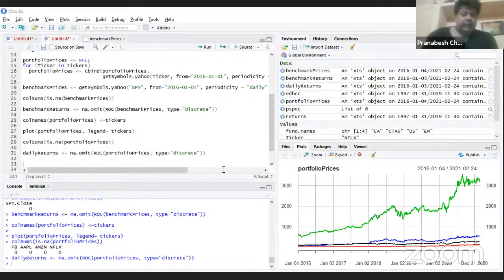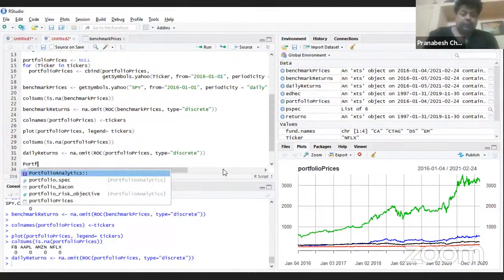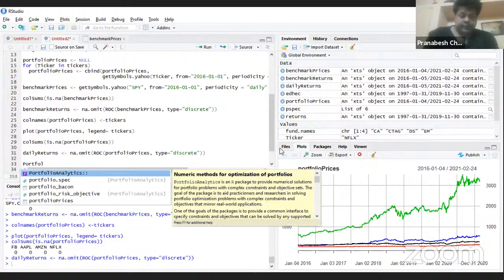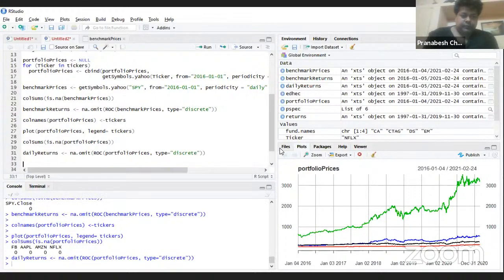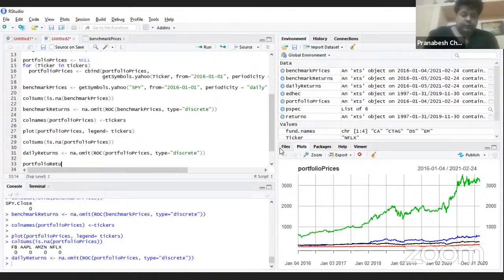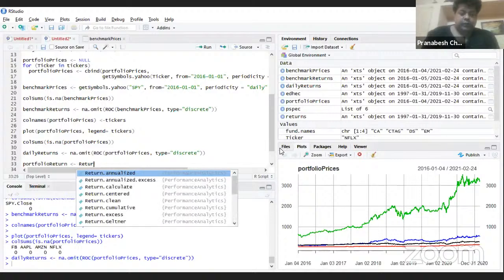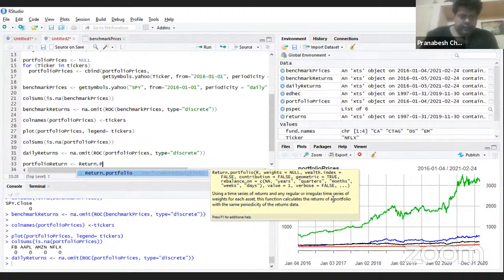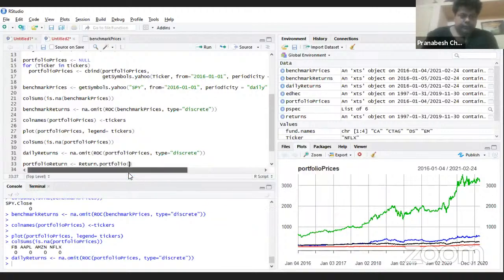Now let's calculate something called our portfolio return. Let's see how we can do it. Use the function called Return.portfolio.